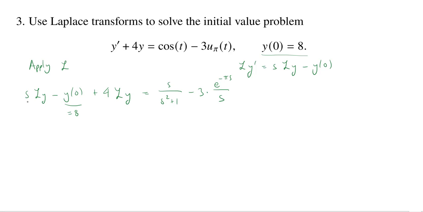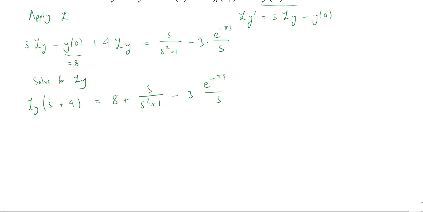All right, well, we want to solve for L of y. And let's see, I get L of y times s plus 4. And let me just toss this, well, this was a minus 8, and I'll put an 8 on the other side. So I have 8 plus s over s squared plus 1 minus 3 e to the negative pi s over s. Again, I'm trying to solve for L of y, so I'm going to divide by s plus 4.